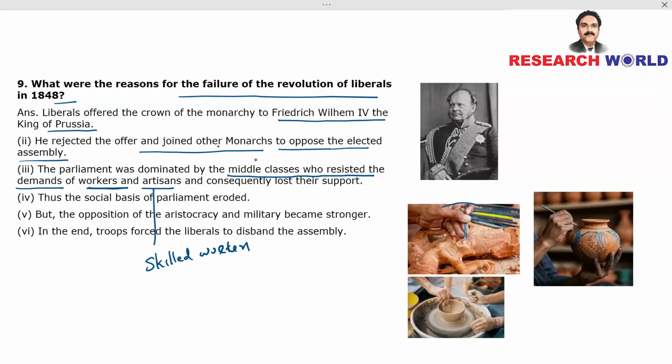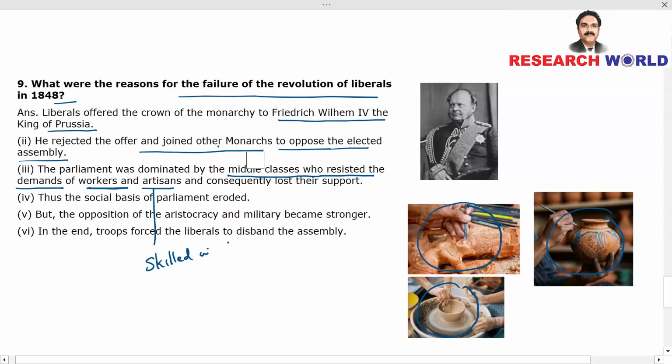For example, look at this. Artisan work. These are all highly skilled works which you see in these images. Now you can understand what this artisanry is all about. Okay. Revolutionaries consequently lost artisans' support.